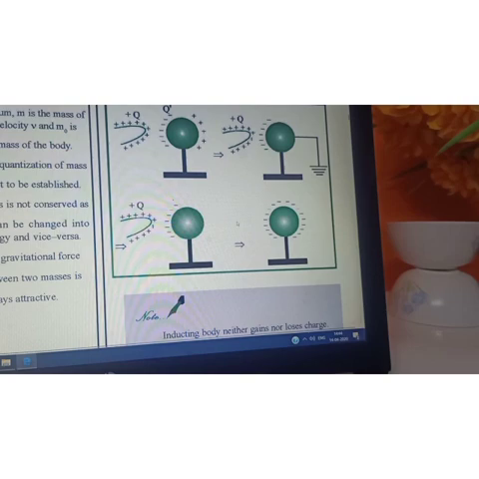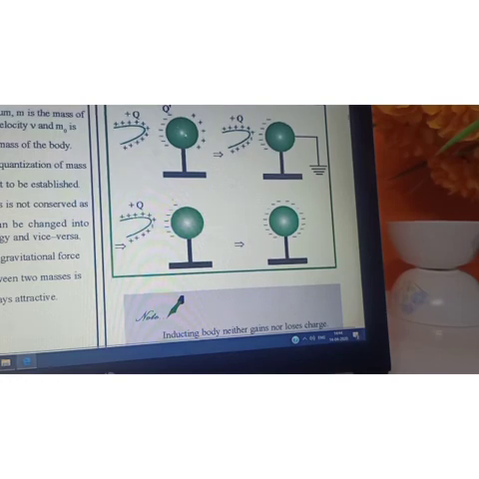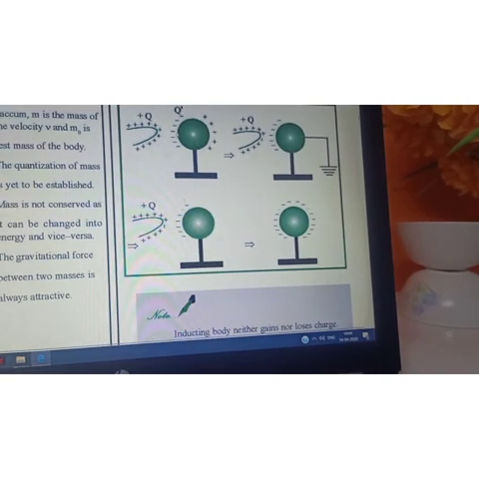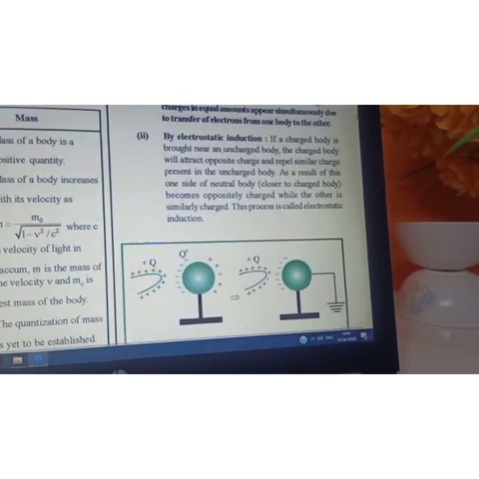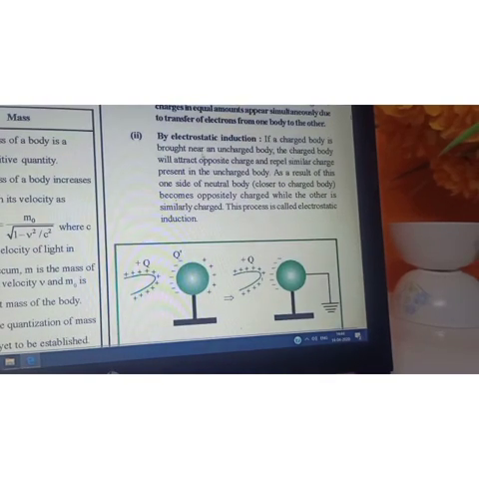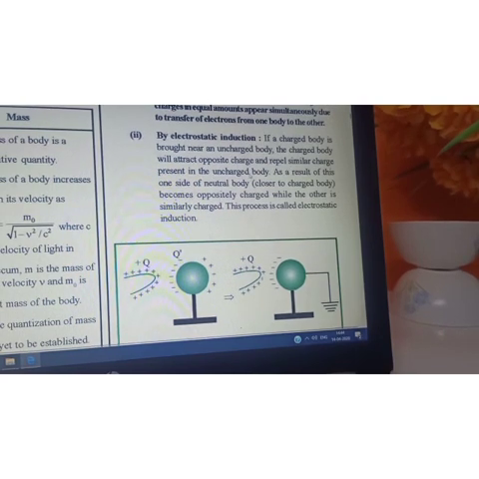If you want to charge this body positively, then you have to bring a negatively charged body. This is the process of induction. By the induction method, if a charged body is brought near an uncharged body, the charged body will attract opposite charge and repel similar charge present in the uncharged body.